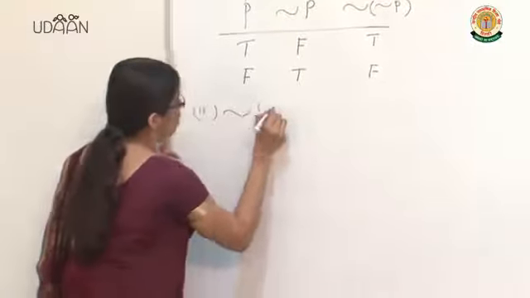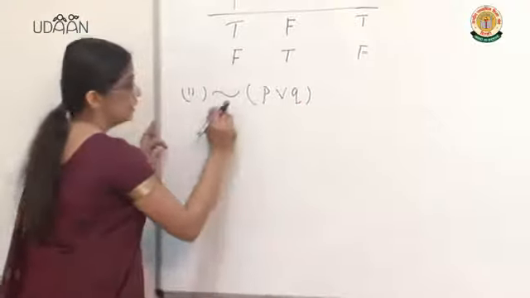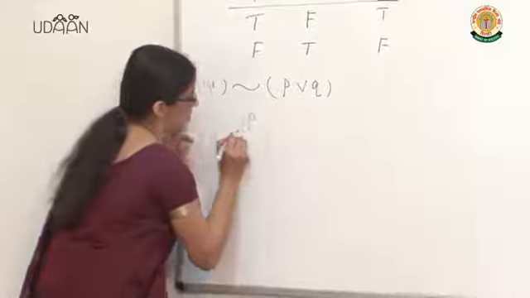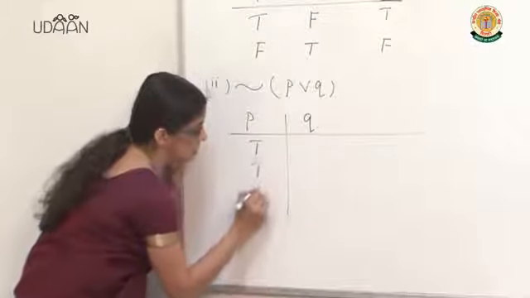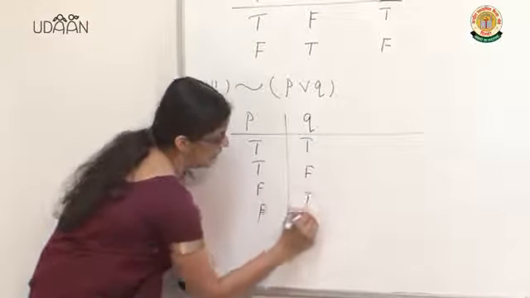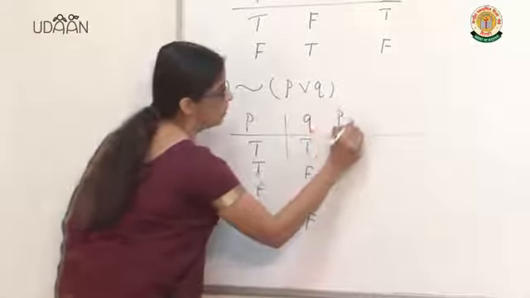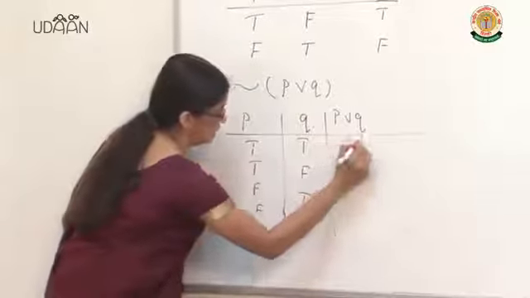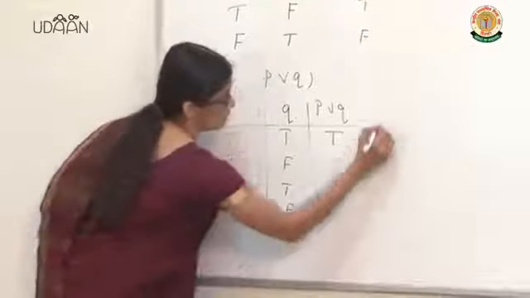Let us see what is negation of P or Q. It is De Morgan's law, negation of P or Q. Truth values T, T, F, F, T, F, T, F. We have to calculate first P or Q. P or Q is T or T, true, true, true or false.